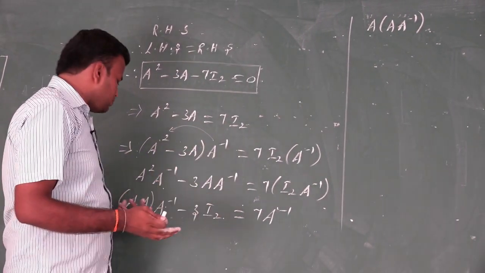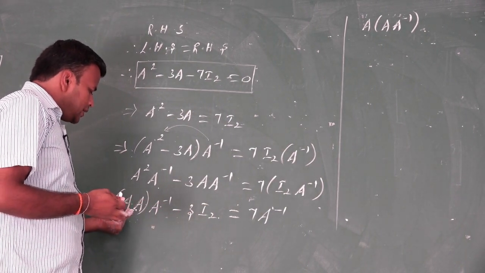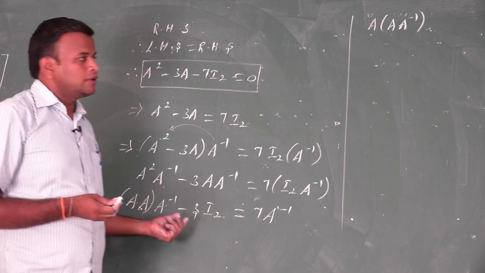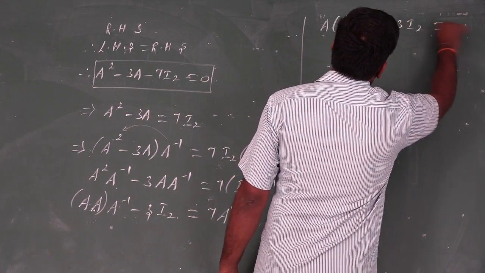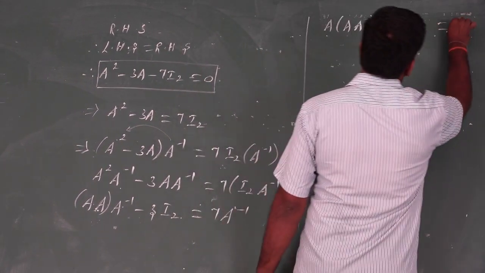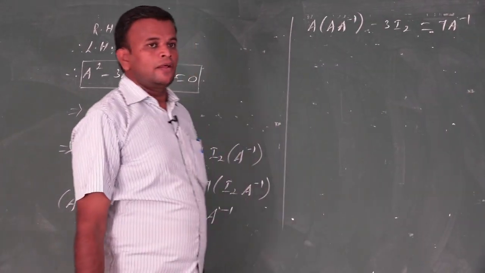That is, we change the brackets in any manner. So I change the bracket: A into A inverse minus 3I2 is equal to 7 A inverse.